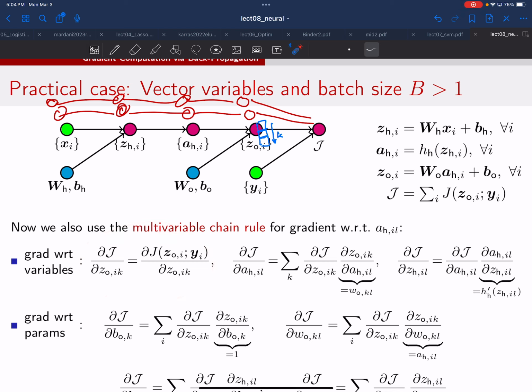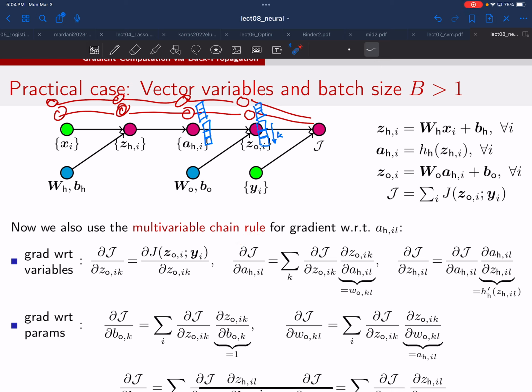Okay, then next, what about this? Over here, we have, again, a vector for each one of these. So here I want to do dJ/da_i^l.